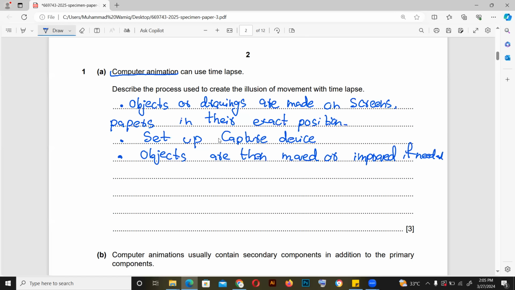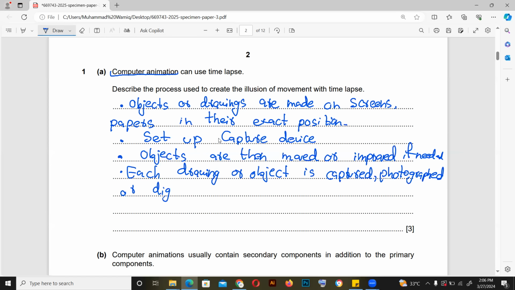And each drawing or object is captured, photographed, or I can say that digitized at each stage.